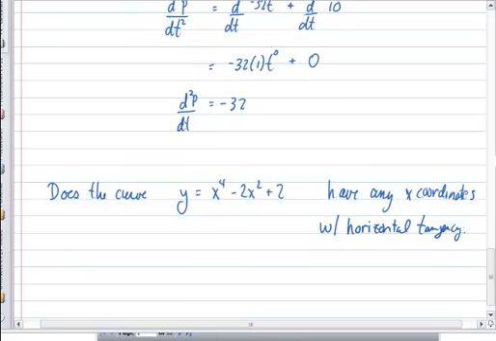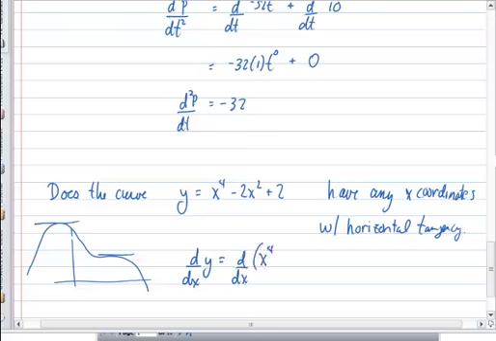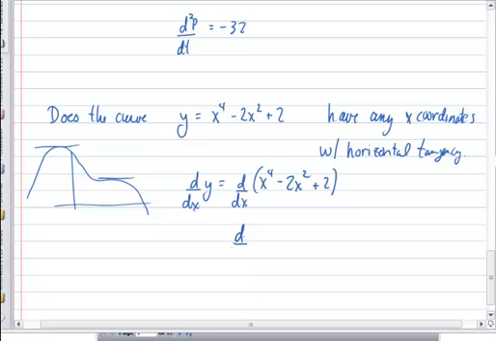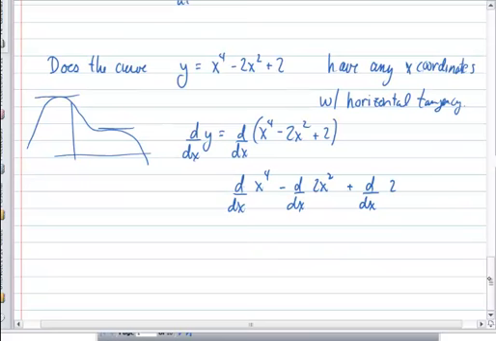Well, what we need to do is, for horizontal tangency, remember that we could have a wild and crazy curve, but we need to find out where the derivative would equal 0. So our approach is take the derivative, remember to do term by term, rewrite it, and now you have the derivative that we want to set equal to 0.